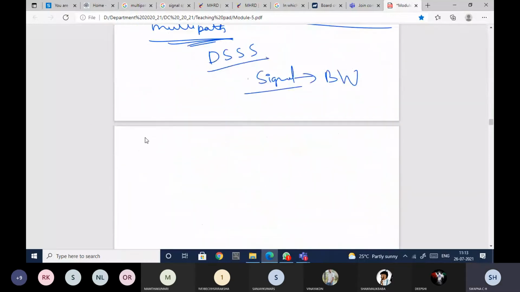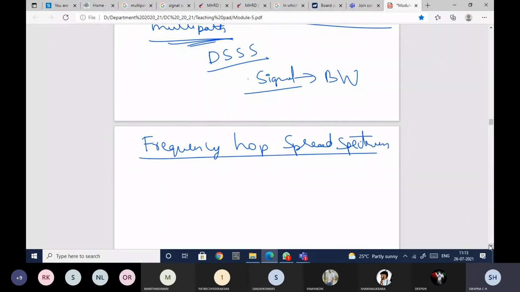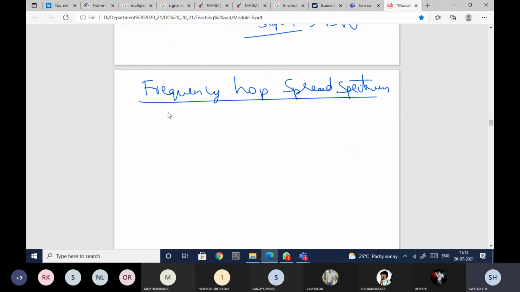To overcome this, we are going with frequency hop spread spectrum. As the name implies, here we will use different frequencies and modulate the signal.